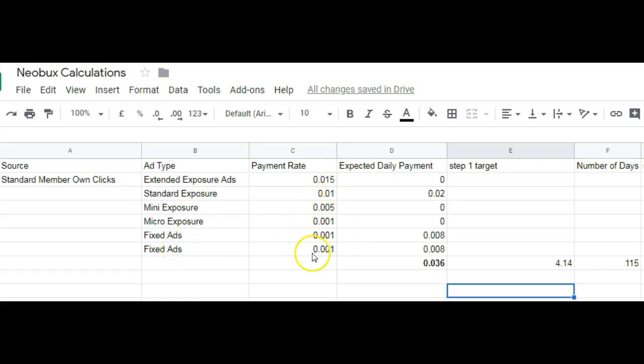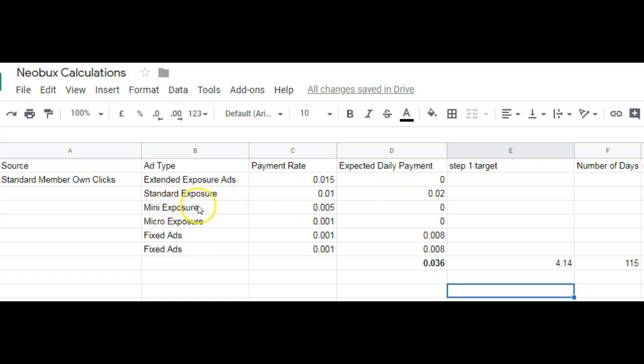Now, you will not get all of these ads each day. So to make the calculation realistic, I have assumed that you'll have 8 of the fixed ads to click on, and there are 2 different types of fixed ads, so there'll be 8 of each of those, plus I've added 2 standard exposure ads.